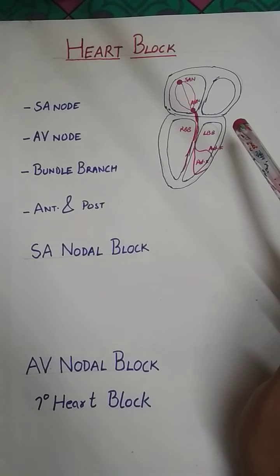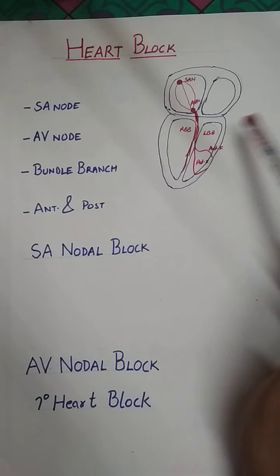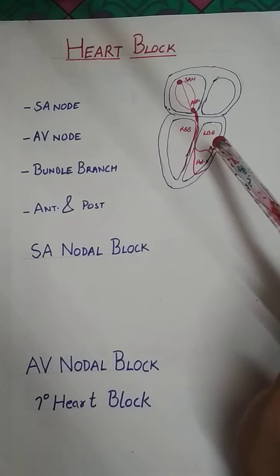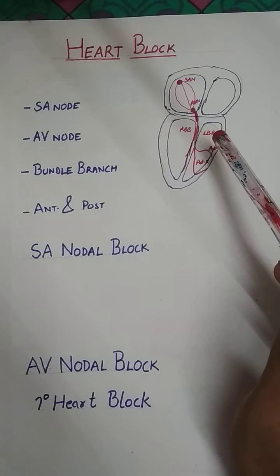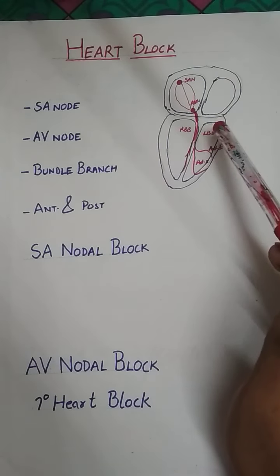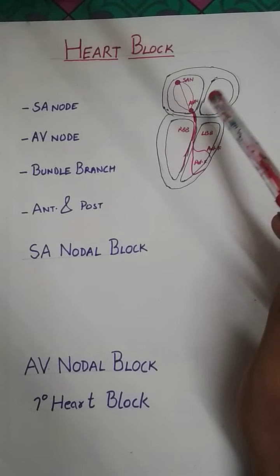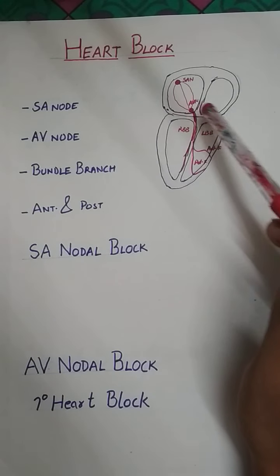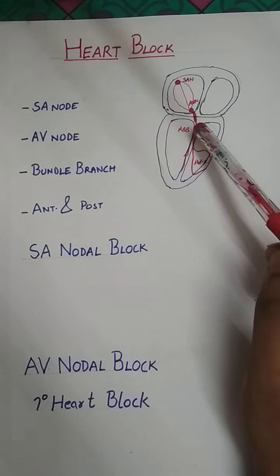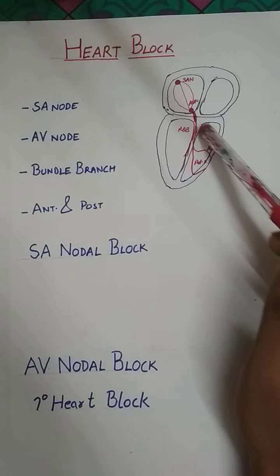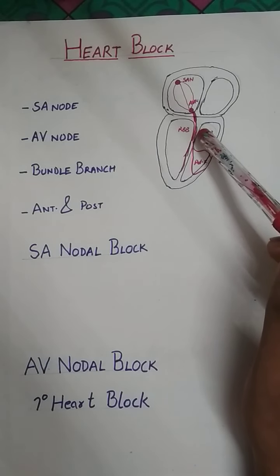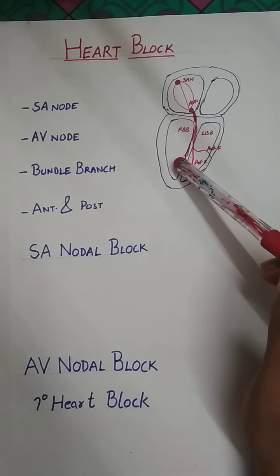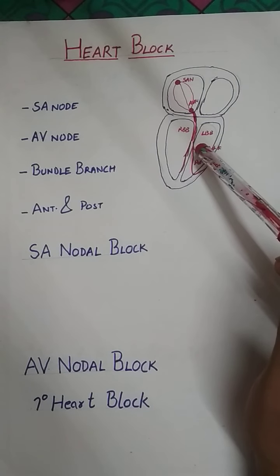But before going to heart block, I would suggest you go to my video on normal waves and segments of ECG. This would make the basics very clear. So this is the normal conducting system of the heart, beginning from the SA node, then the internodal atrial pathway, then the AV node, then the bundle of His, then the right and left bundle branches, then the left bundle branch divides into anterior and posterior fasciculae, and eventually they divide into Purkinje fibers.